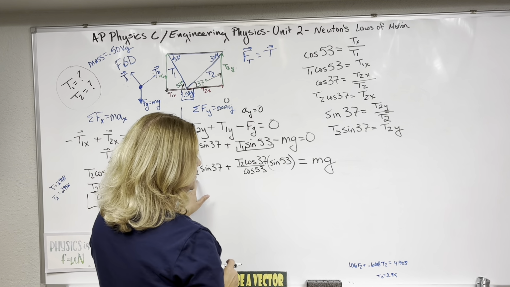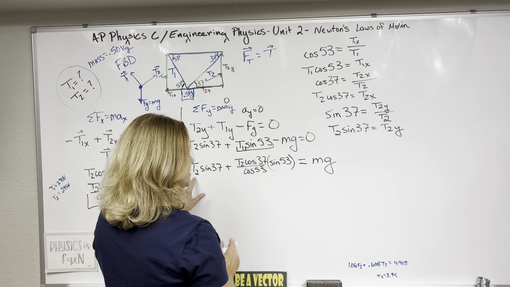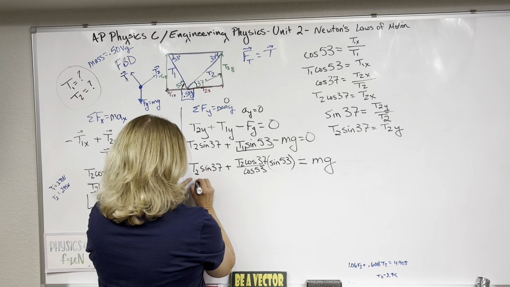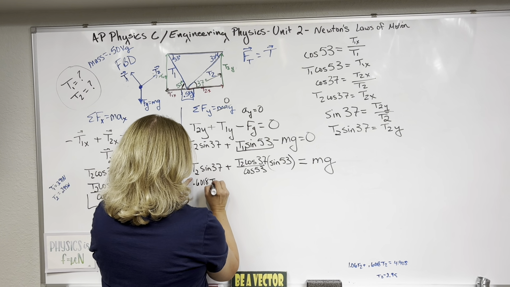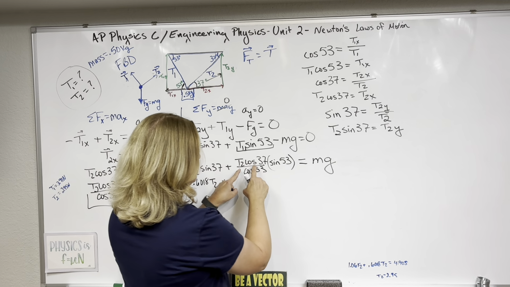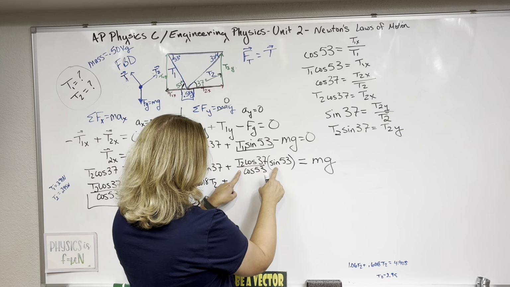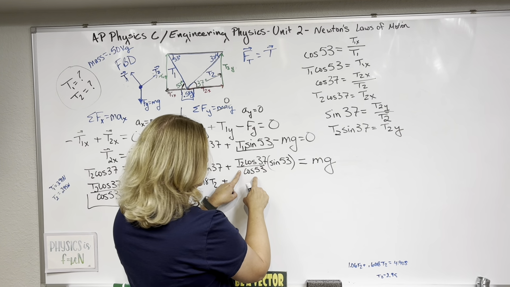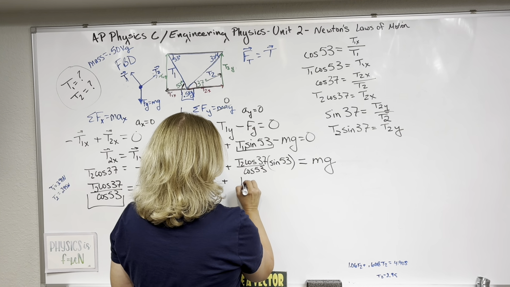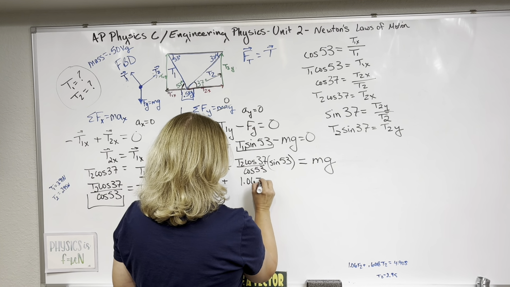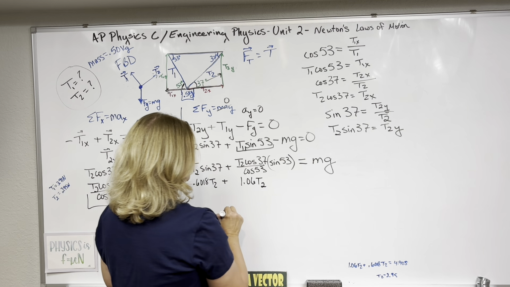T2, this sine of 37 is 0.6018 T2 plus, if I take cosine 37 times sine of 53 divided by cosine of 53, I get 1.06 tension 2.